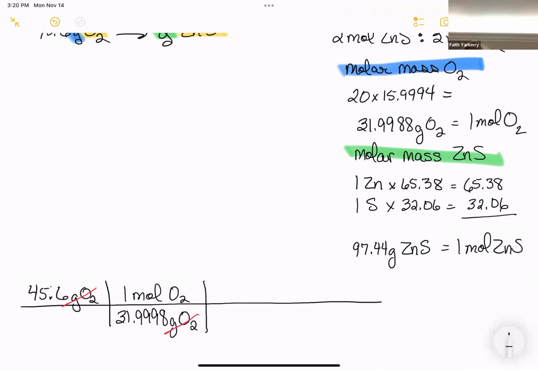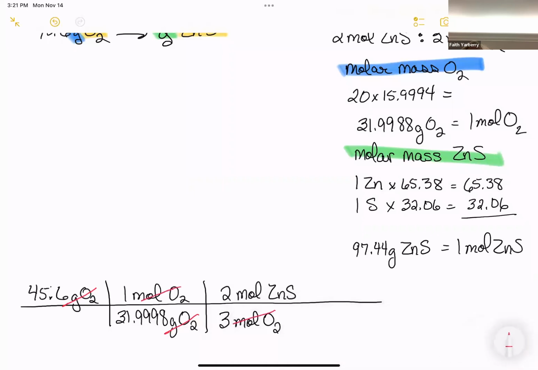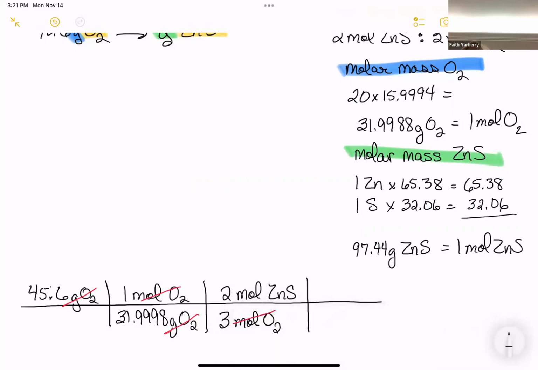You then use the mole to mole ratio. According to the mole to mole ratio, for every 3 moles of O2 that was needed, you're going to need 2 moles of zinc sulfide. The moles of O2 had to go in the denominator so that the unit and the substance would cancel, leaving moles of zinc sulfide.